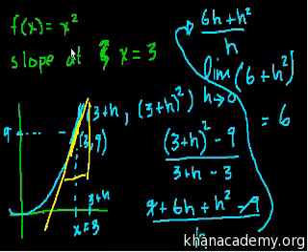If we can get a generalized formula for the slope at any point along the graph, f of x is equal to x squared. So let me clear this. So we're going to stick with f of x is equal to x squared.